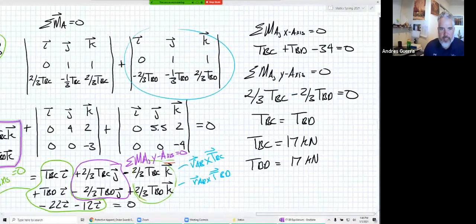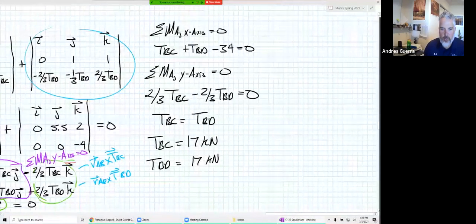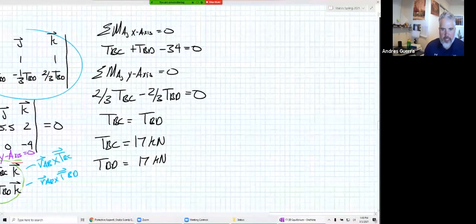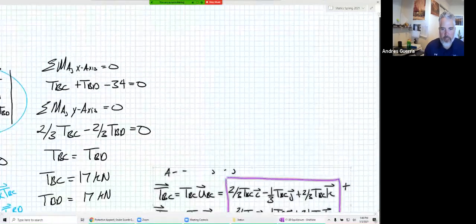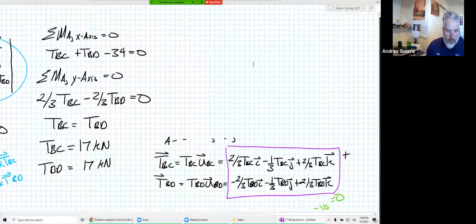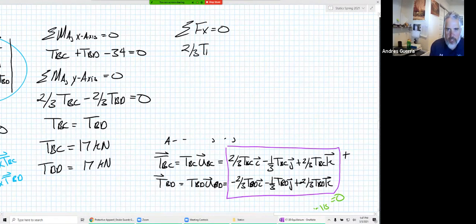Well, this now is when it's going to be useful. Just like when we did the moments, if we do sum of forces in the x is equal to 0, I'm just going to grab all the i components. Well, I've got 2/3 of TBC minus 2/3 of TBD.